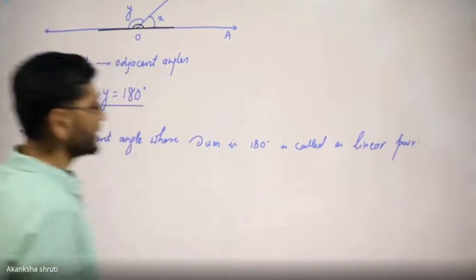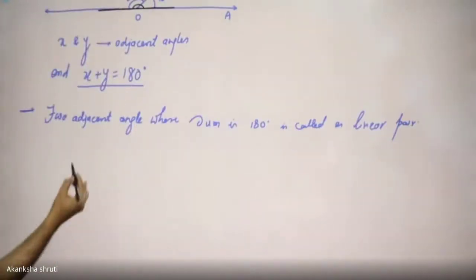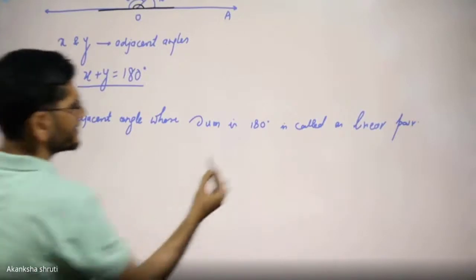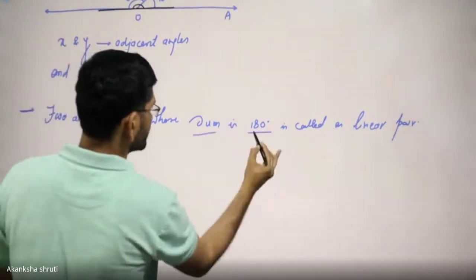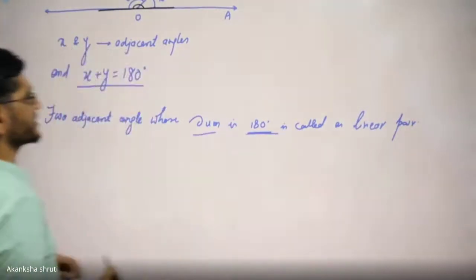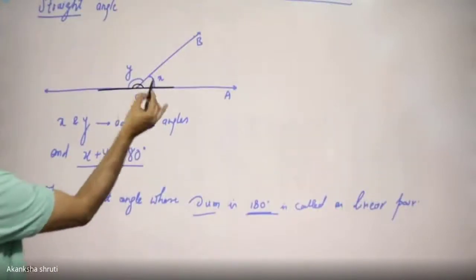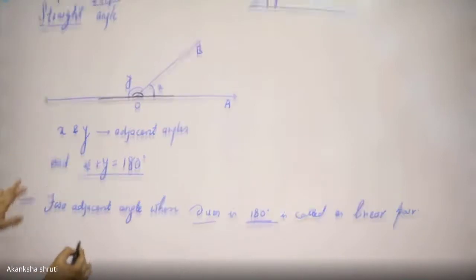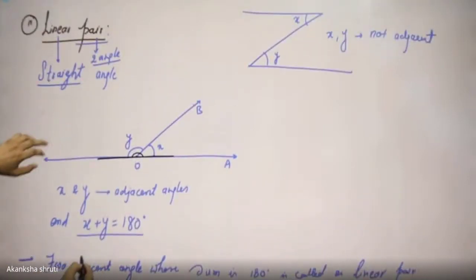So linear pair simply means the two angles together form the straight angle. This 180 is called a straight angle, and these two smaller angles are the linear pair. This is the condition for linear pair.